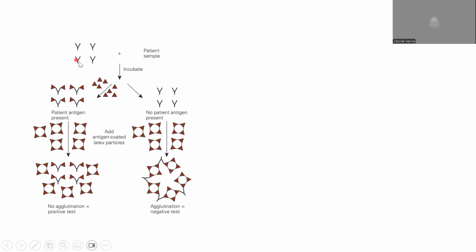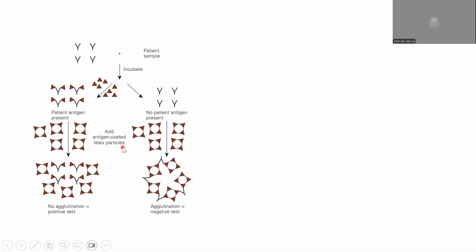Okay? So you have there antibodies with their reagent, and then you have your patient sample. So you're looking for the antigen. You're going to incubate. So if ever, here is a positive result, this left side. Okay? So if the patient has the antigen, it will attach to the antibody. And this time, you're going to add your antigen-coated latex particles.